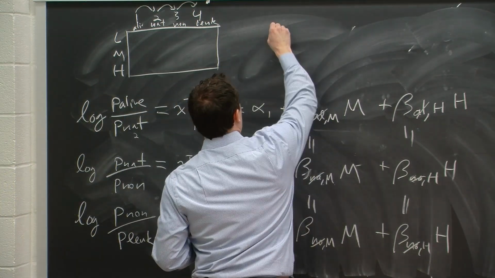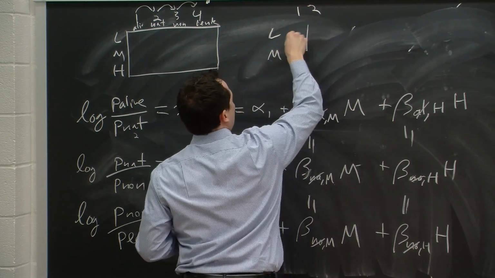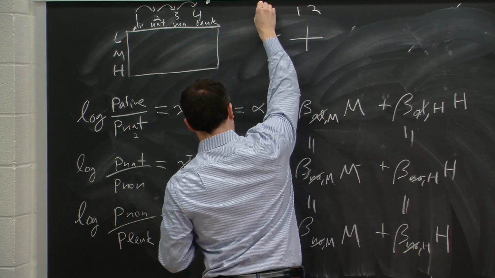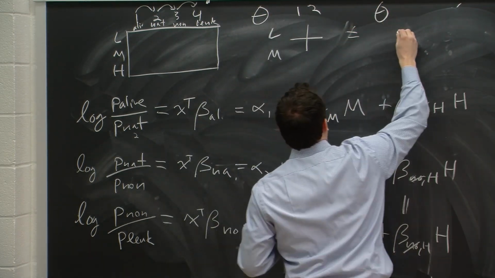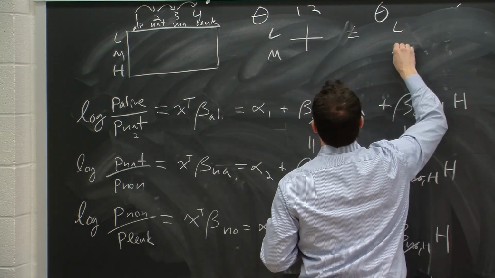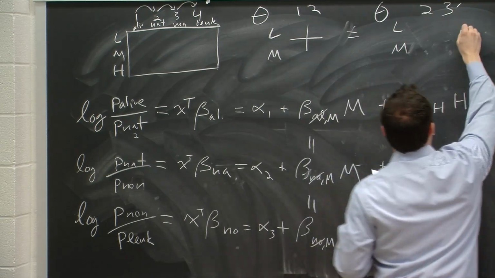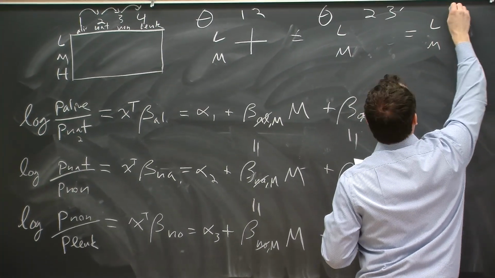What's the view we're taking? We're saying that if I have LM 1, 2, I have this 2 by 2 table. The odds ratio that I get for that will be equal to the odds ratio I get from the table LM 2, 3, which will be equal to the odds ratio I get for LM 3, 4.